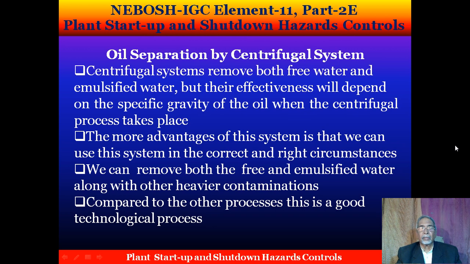The advantage of this system is that in the right circumstances we can remove both free and emulsified water along with other heavier contaminants. Compared to the other processes, this is a good technological process.